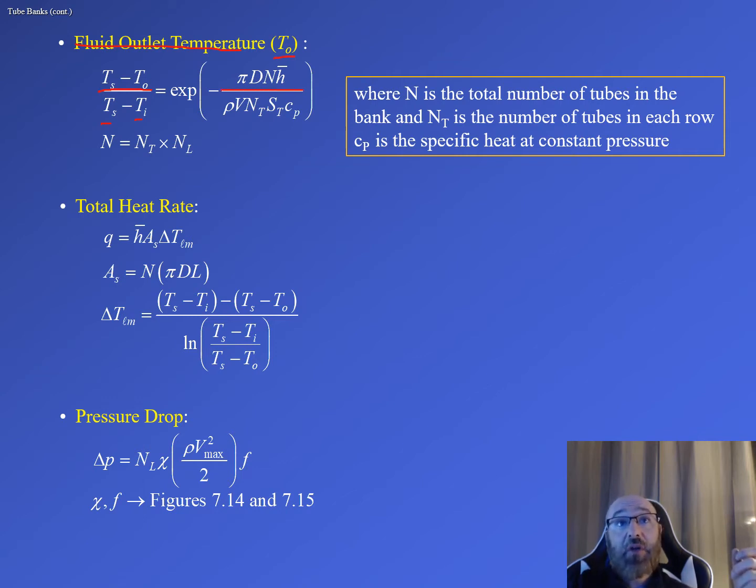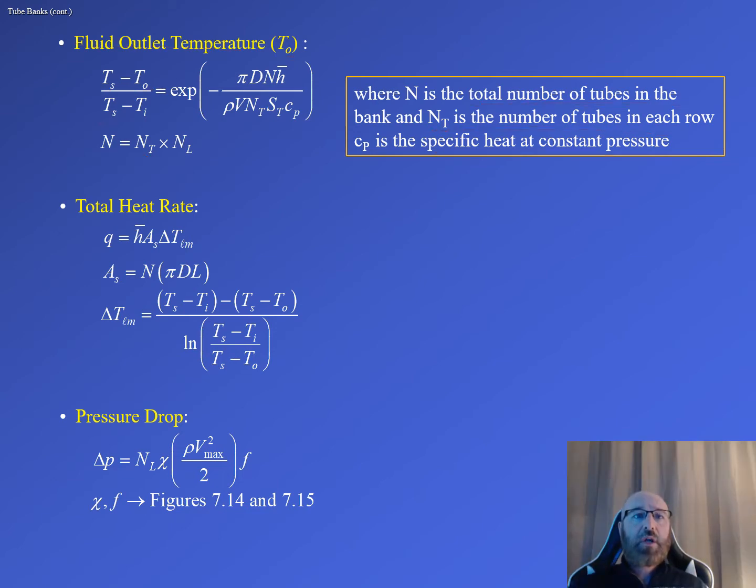Now we can see over here on the numerator we have pi D N times our h bar, all divided by rho V N_T times S_T times our C_p, where our N is the total number of tubes in the bank, our N_T is the total number of tubes in each row, and our C_p is our specific heat at constant pressure as we plug into this relationship here. And for our N, this total number of tubes is going to be equal to N_T times our N_L, and that'll give us that total number of tubes.